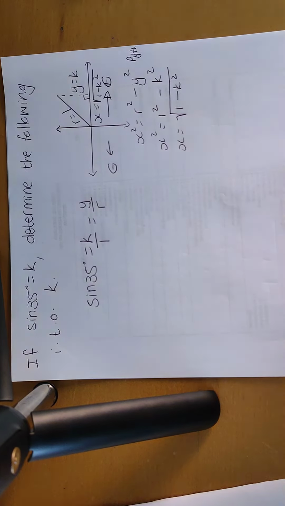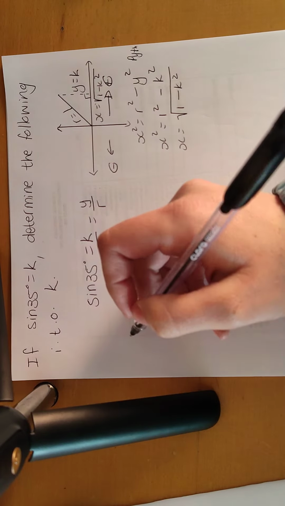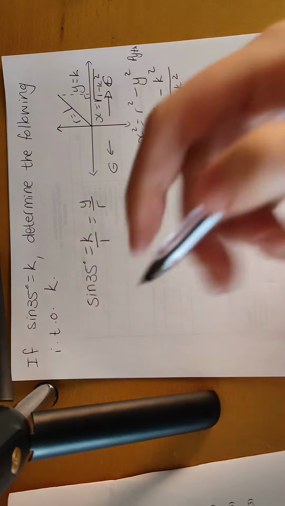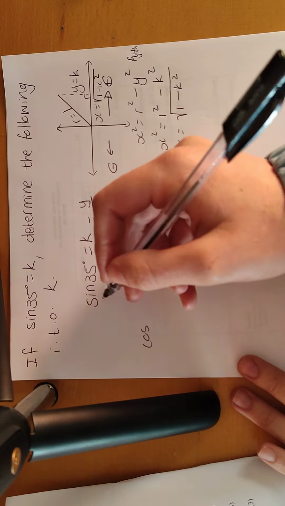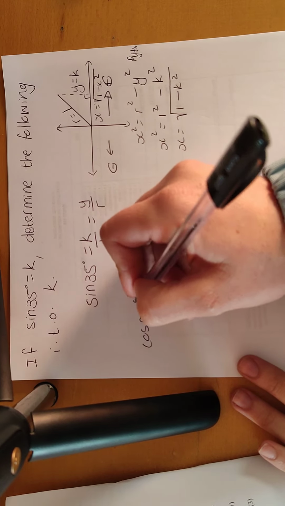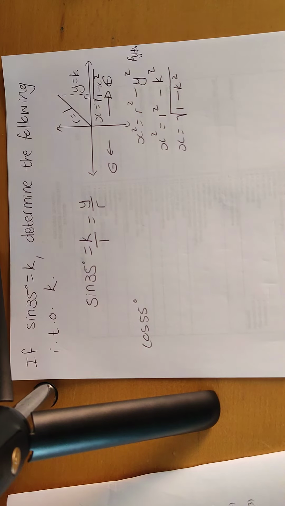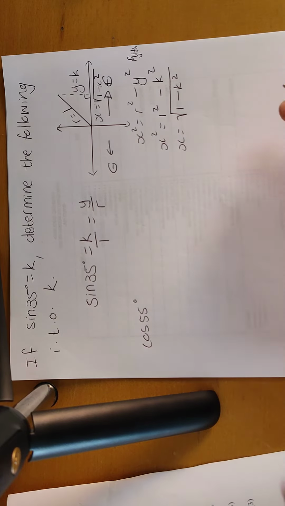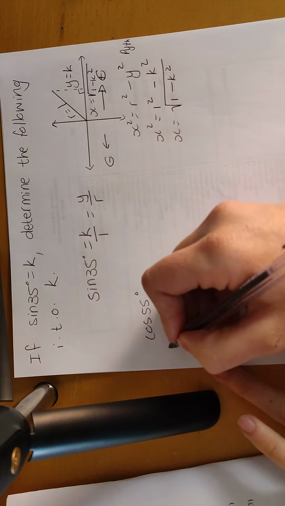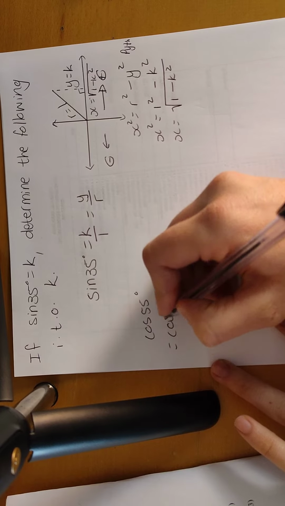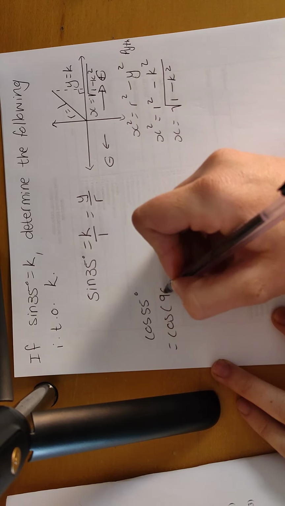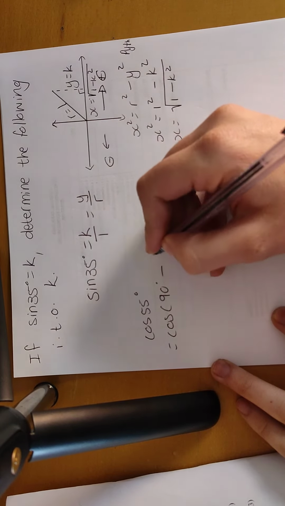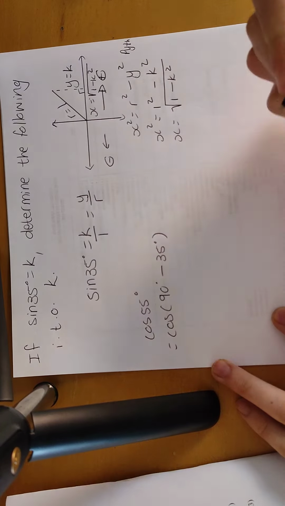Firstly, they ask you 4.3.1, which was in your exam, cosine of 55 degrees. That is your first question. A few different ways that you can do it, but let's say cosine 55 degrees is equal to cosine of 90 degrees minus 35 degrees.